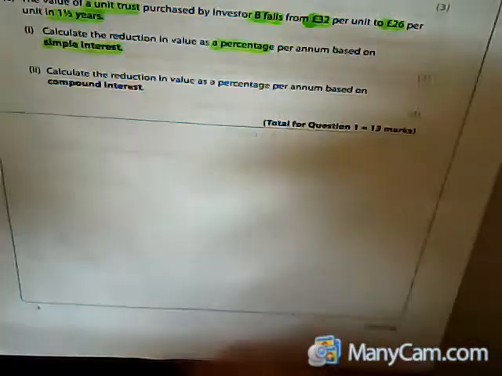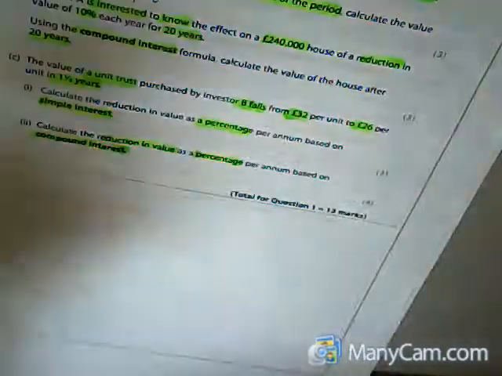Now look at the next one, number 2. They say calculate the reduction in value, still the decrease in value as a percentage per annum, but now using the compound interest method. Let's work out the answers.